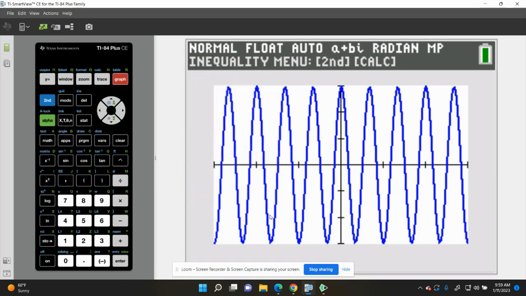That's why it's so difficult, right? We've got all these spots that we have to check for the increasing and the decreasing. We've got how many intervals for increasing? 1, 2, 3, 4, 5, 6, 7, 8, 9 intervals where it's increasing and 9 intervals where it's decreasing over that domain. That's just in that domain. So that's why it's so difficult, and that's why we're not going to continue with it.